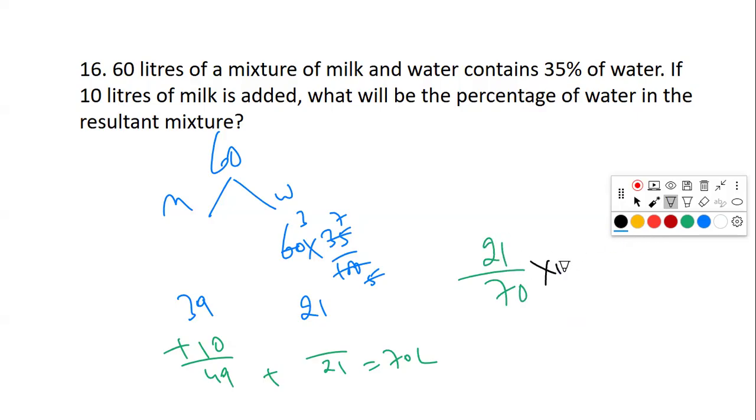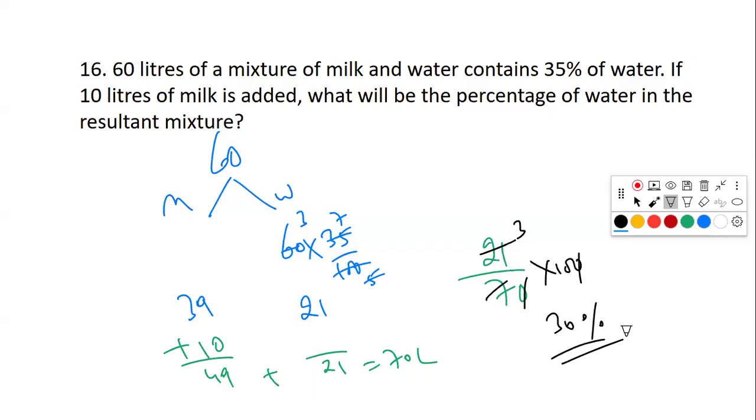Percentage means you multiply by 100. So 7 will go 3 times. So 30% will be your answer.